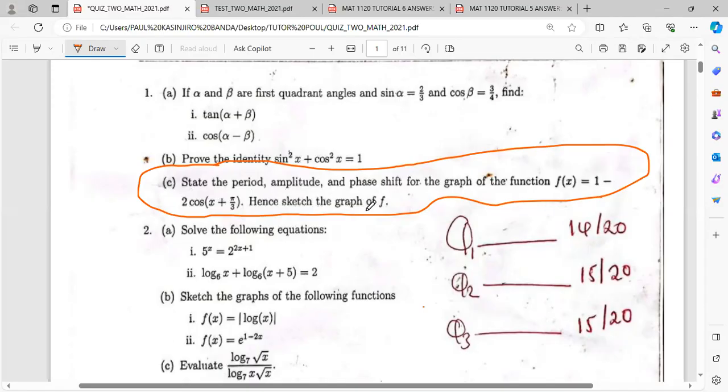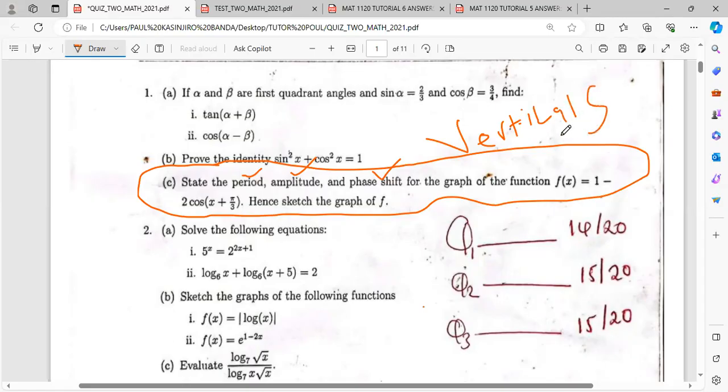When you are sketching graphs for trigonometric functions, you first have to find all these individual things they have mentioned here: period, amplitude, phase shift. You also have to find the vertical shift. I don't know why they didn't include it here.